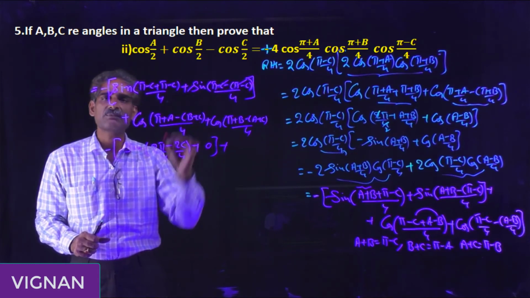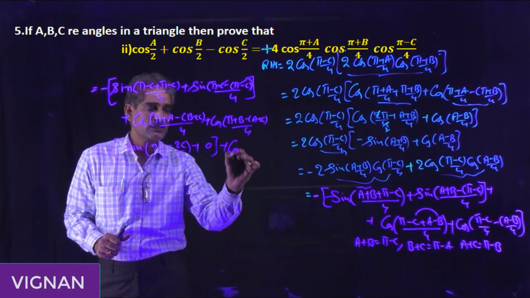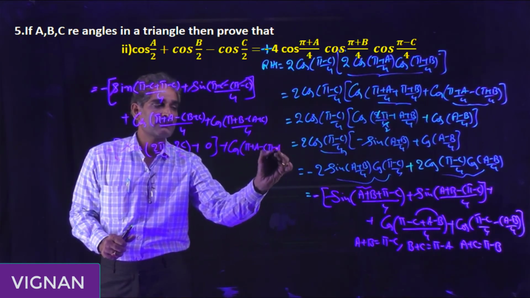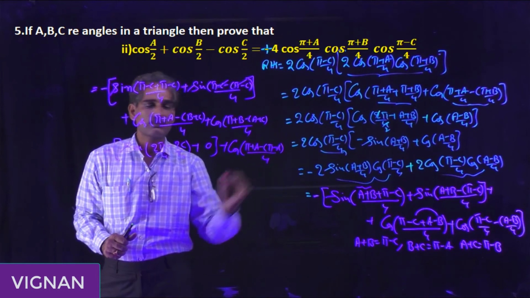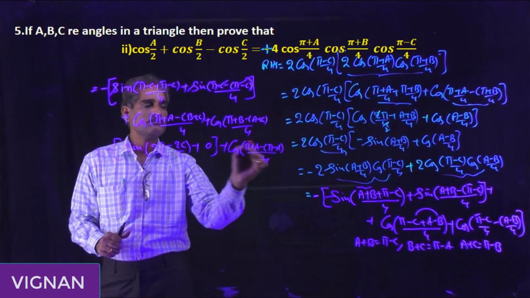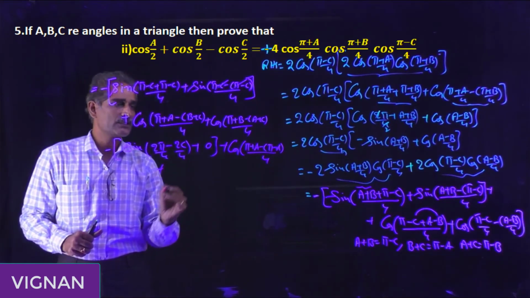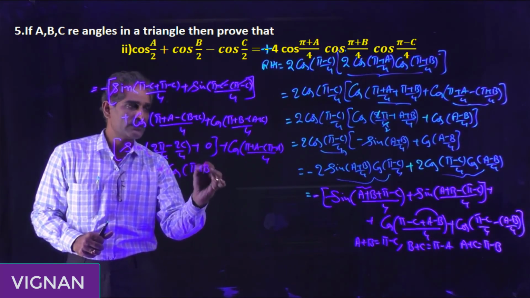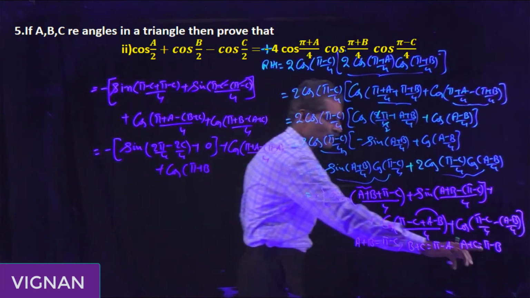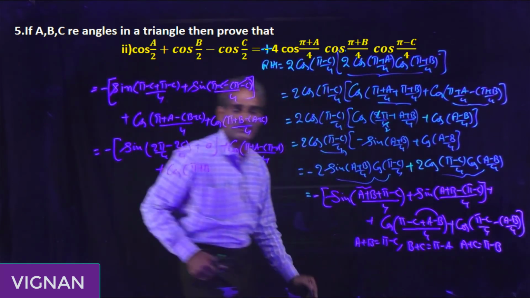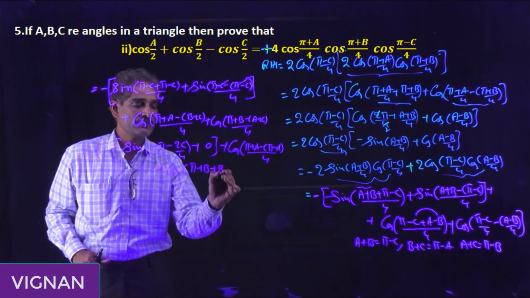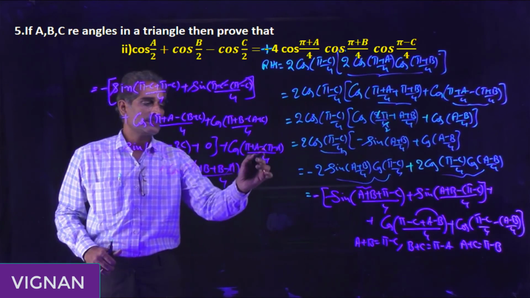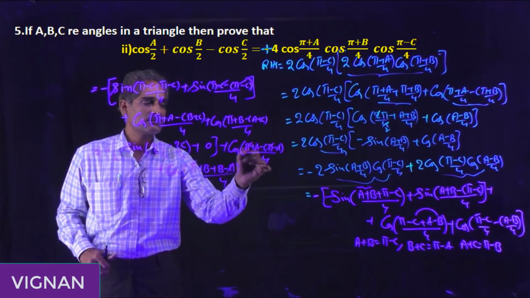b plus c is nothing but pi minus a, so cos of (pi plus a minus of pi minus a) by 4. Okay, right. The next term is cos of (pi plus b minus of a plus c), that is pi minus b, minus of a plus c equals b minus pi, by 4. Pi will get cancelled, here pi will get cancelled.